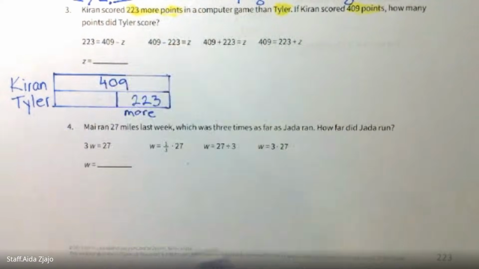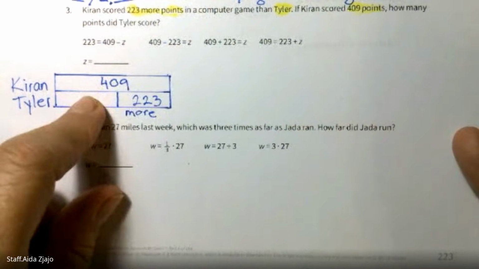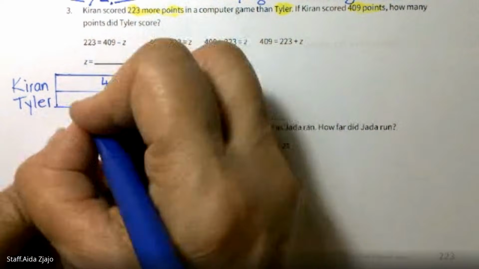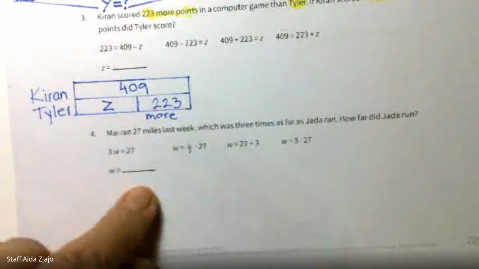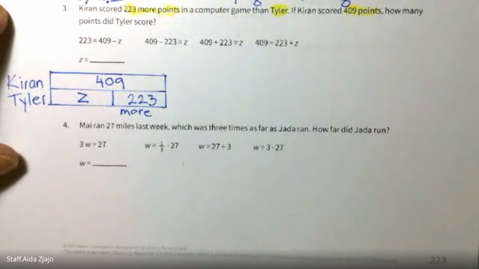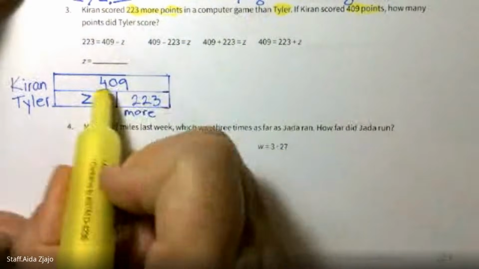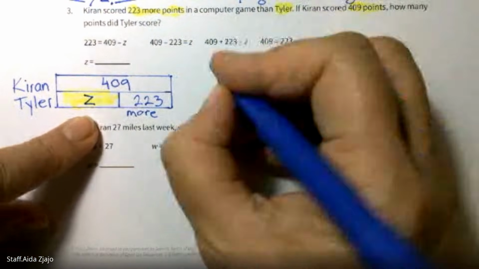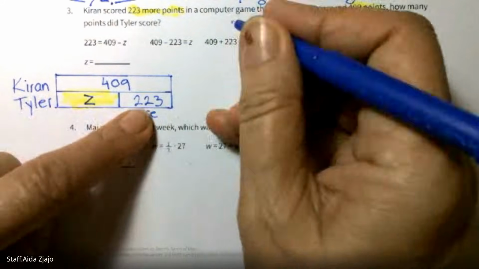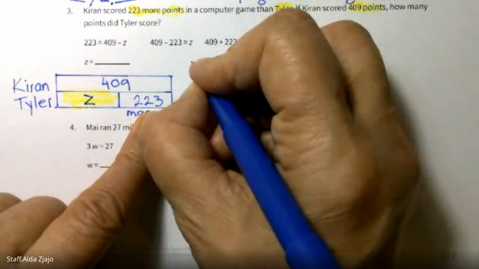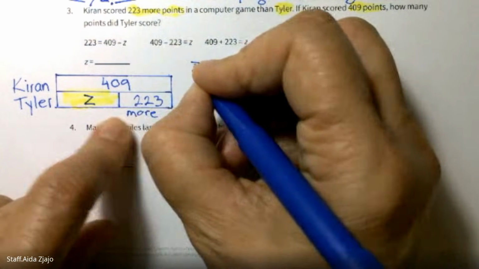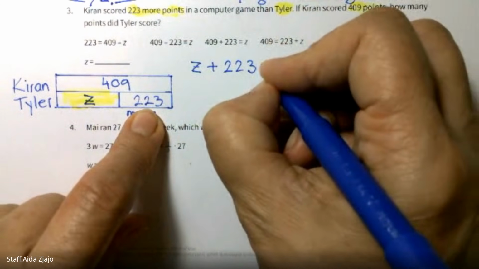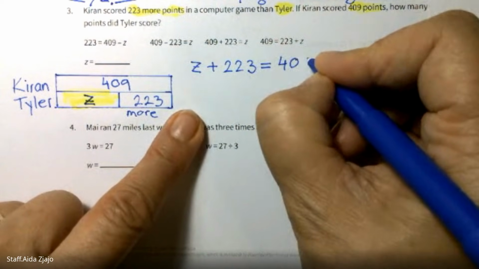So Kieran scored 409. We know how much Kieran is, 409, but that is 223 more than Tyler. And Tyler is Z. So now we can look for Z. Z plus 223 must equal 409.